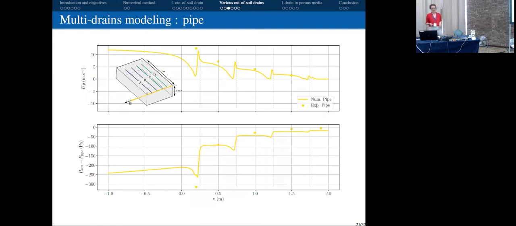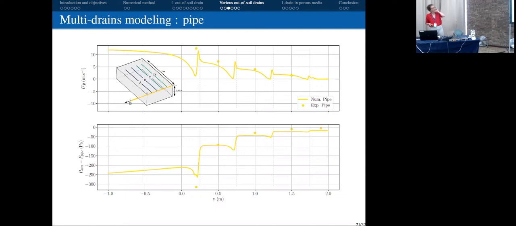So here are the results. At the top we have the velocity along the yellow pipe. The points are the experimental data, and the curve is numerical. And at the bottom it's pressure, numerical and experimental.